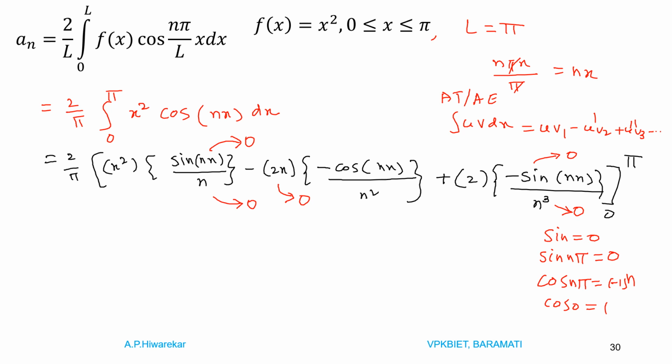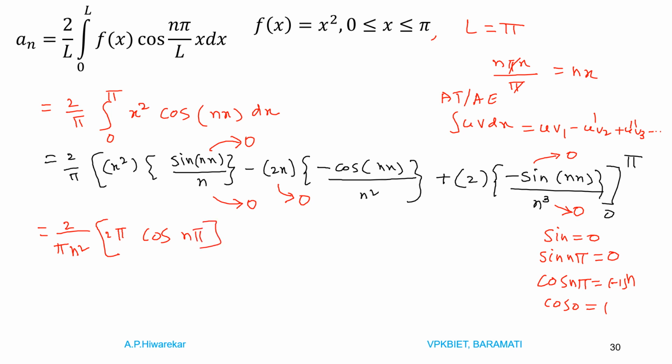In the middle term, when we substitute x as 0, this becomes 0 for the lower limit, which means we only have to calculate the middle term for the upper limit. Therefore it is 2 by pi common, then n square is also common, minus of minus is plus, then apply the upper limit, means x as pi, so it is 2 pi into cos of n pi.